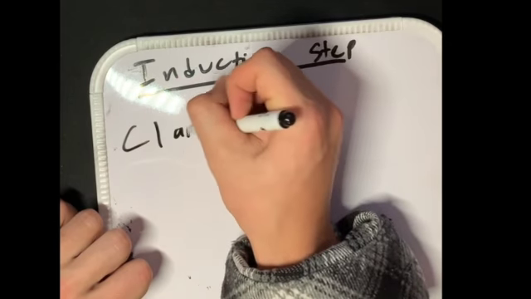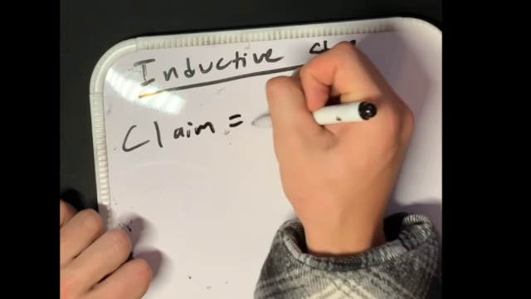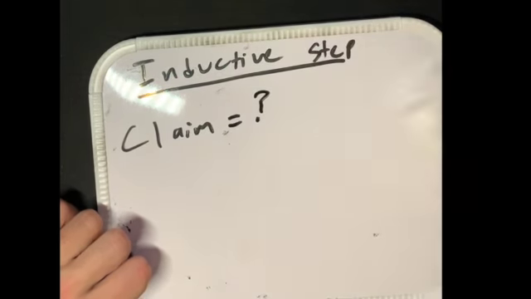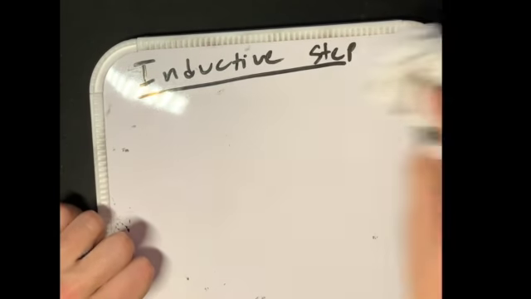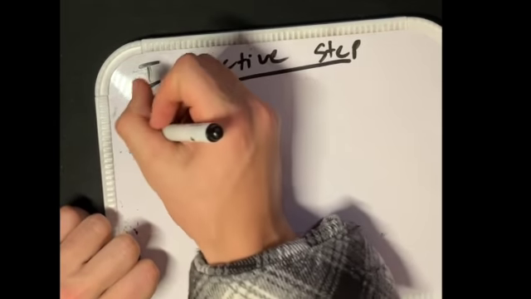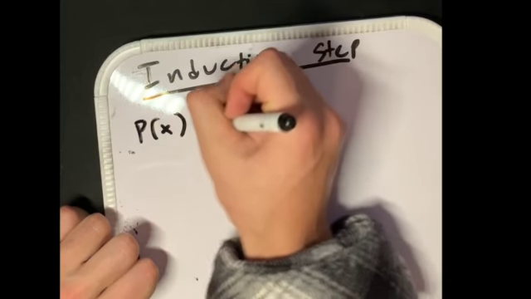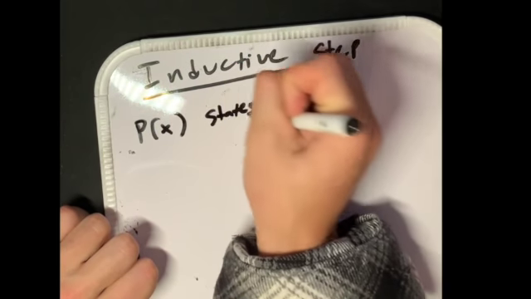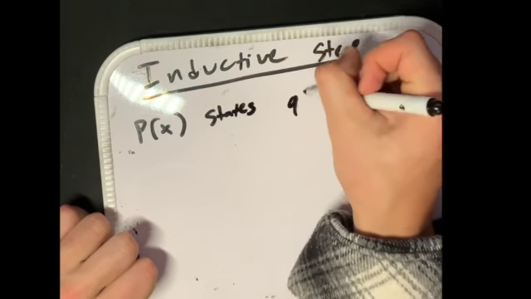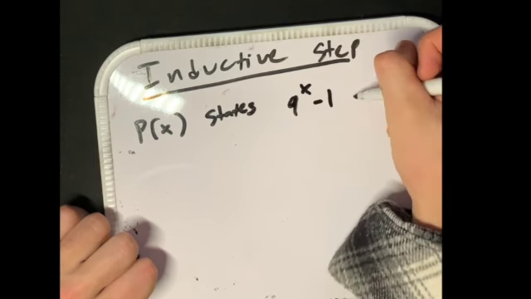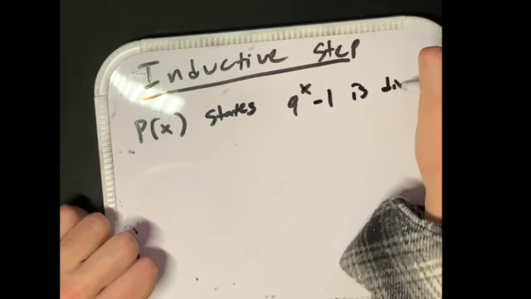For the inductive step, first we want to formulate a claim. In order to formulate this claim, we're going to create the predicate p of x that states 9 to the x minus 1 is divisible by 8.